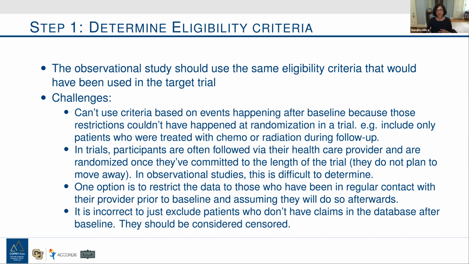So just like in a trial where you're assuming that the participants are going to continue for the full length of the trial, somehow being able to determine patients who would have complete follow-up. If they don't, though, in the database, they should be considered censored and not just dropped from the study.